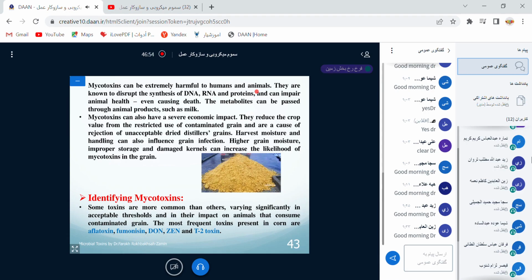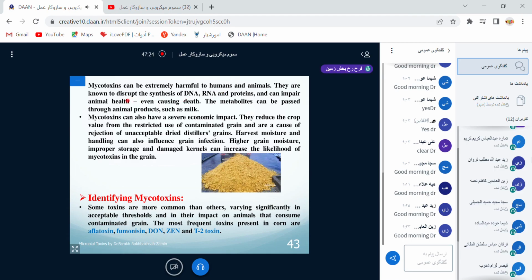So we can be infected by mycotoxins directly when we eat cereals or corn or whatever else which is infected with toxin, or we can be contaminated indirectly when we eat milk or meat of a contaminated animal.